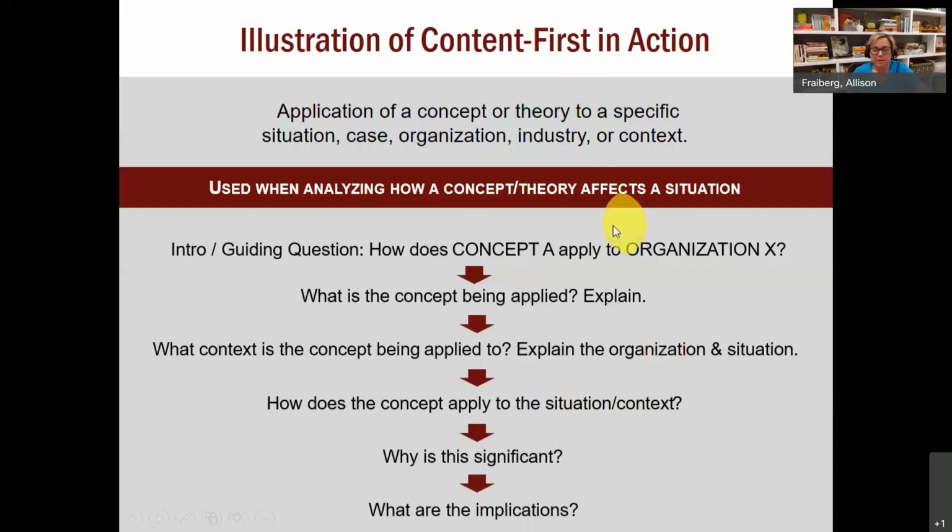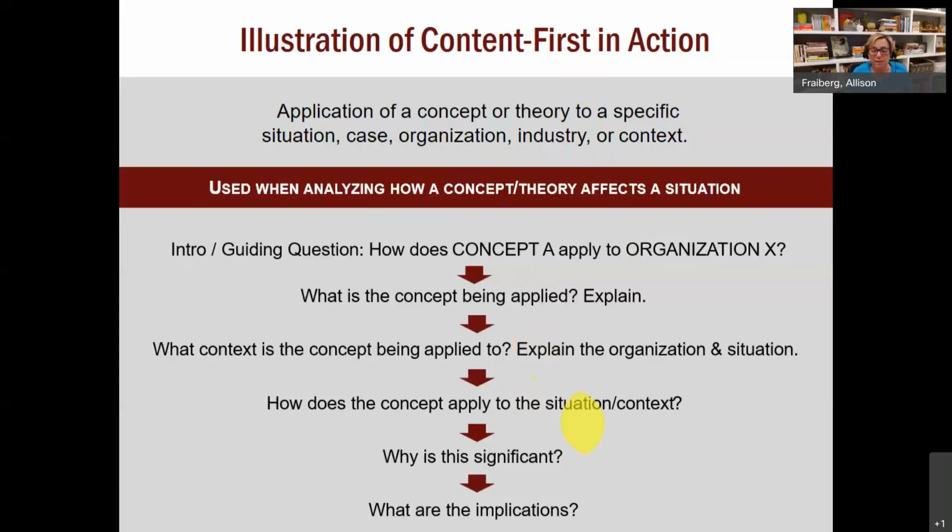Now, you might be saying, Allison, this just looks like a formula, like the 5-paragraph essay formula. Okay, it's a bit of a template, but it's a template based on content movement. It's not a prefabricated form that you shove content into. I can't get to the situation until I've explained the concept. I can't get to the application, or how we see the concept working in the organization, until I've told people a little bit about the organization.